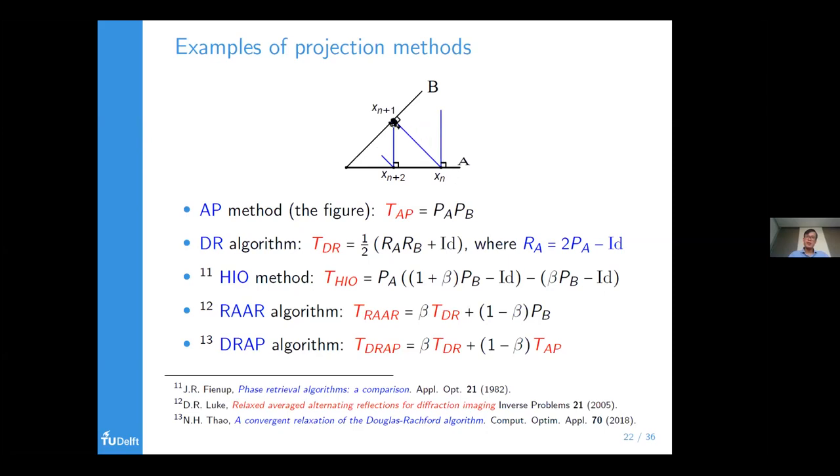We expect that the sequence will converge to a common point of the two sets. Other methods include the Douglas-Rachford algorithm, Fienup's hybrid input-output method, the RAAR algorithm, or the RRR algorithm. For example, in the next session, we will discuss convergence of the alternating projection. This is the simplest algorithm.